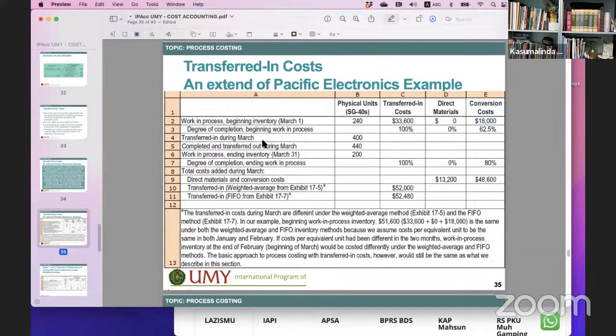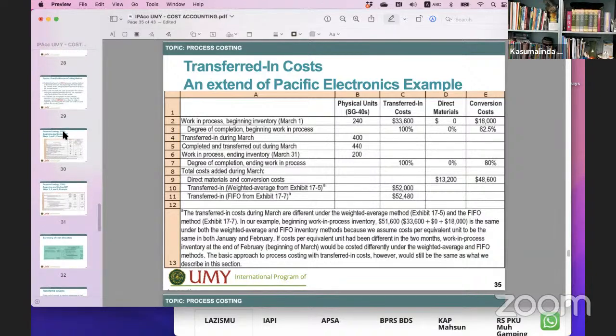Is the unit transferred in during March, 400 here. Okay, the 400 here is the unit that the testing department received from the previous department. The 400 unit transferred in during March. This is 400. Okay, 400 here.